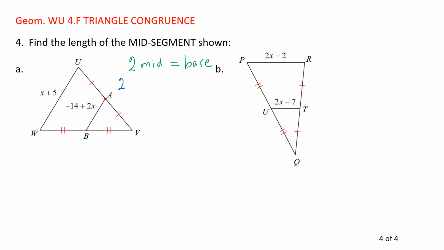I know what 2 is. I know what the mid-segment is. And I know what the base is. I don't have to worry about which one do I multiply, which one do I divide by 2, anything like that. I just plug it in. So I've got negative 28. Don't forget the second term.